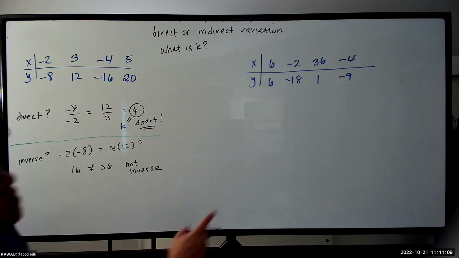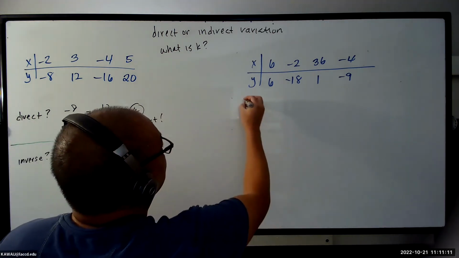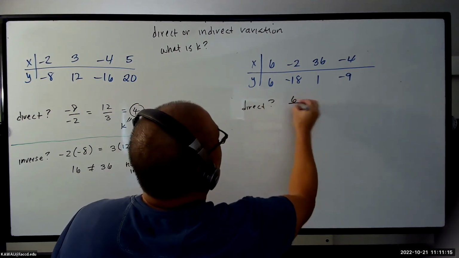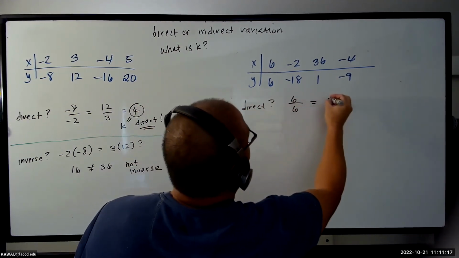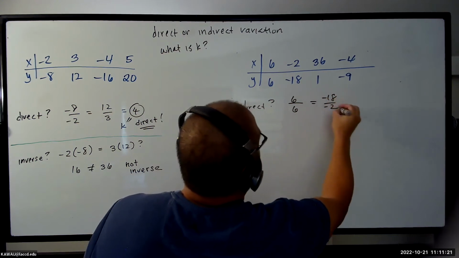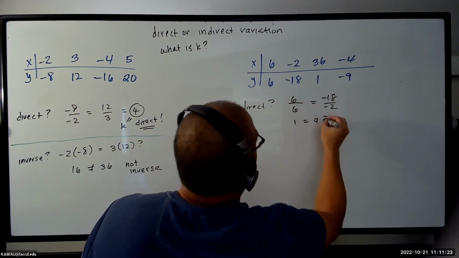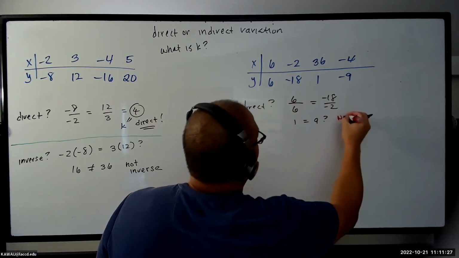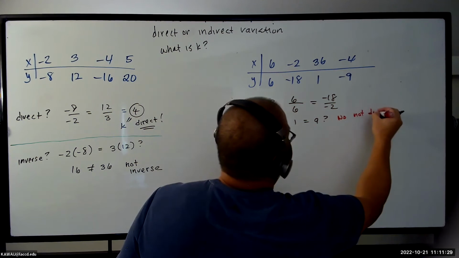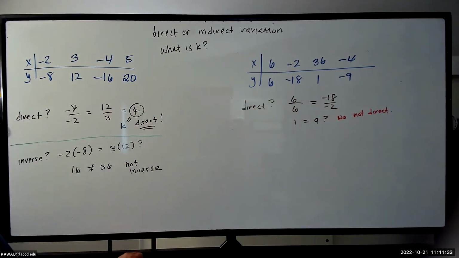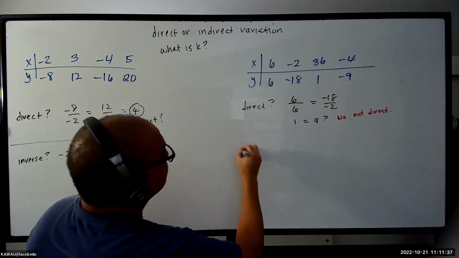Okay, now let's do the same thing over here. We'll ask, is this direct? When I figure out the slope, is this equal to this? And the answer is no. So this is not direct. So now we have indirect.